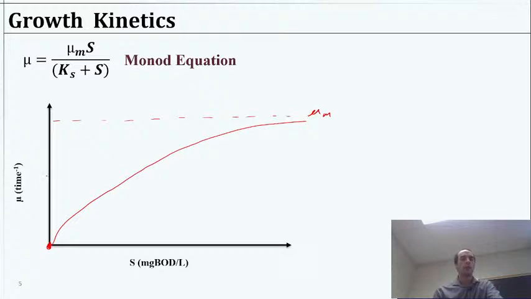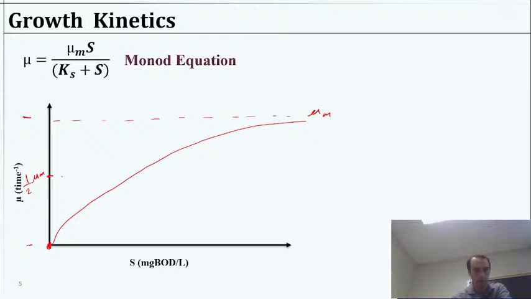And it'll eventually reach our mu max. So then to find Ks, this is not something we're actually going to do in a problem. I'm just kind of showing you where this is coming from and why it fits into the equation. If Ks we define as the halfway point to mu max, the amount of food where we've reached that halfway point. Really, I shouldn't put Ks there, I should put 1/2 mu max.